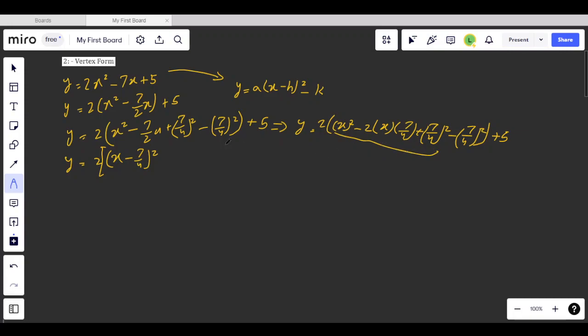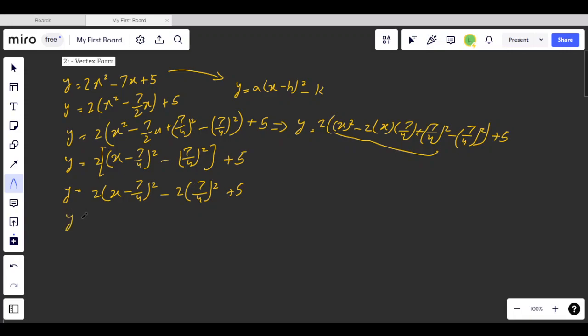Now what we have left is minus (7 by 4) whole squared, bracket close, plus 5. Now we just simplify and multiply 2 inside. That will make it 2 into (x minus 7 by 4) whole squared minus 2 into (7 by 4) whole squared plus 5.